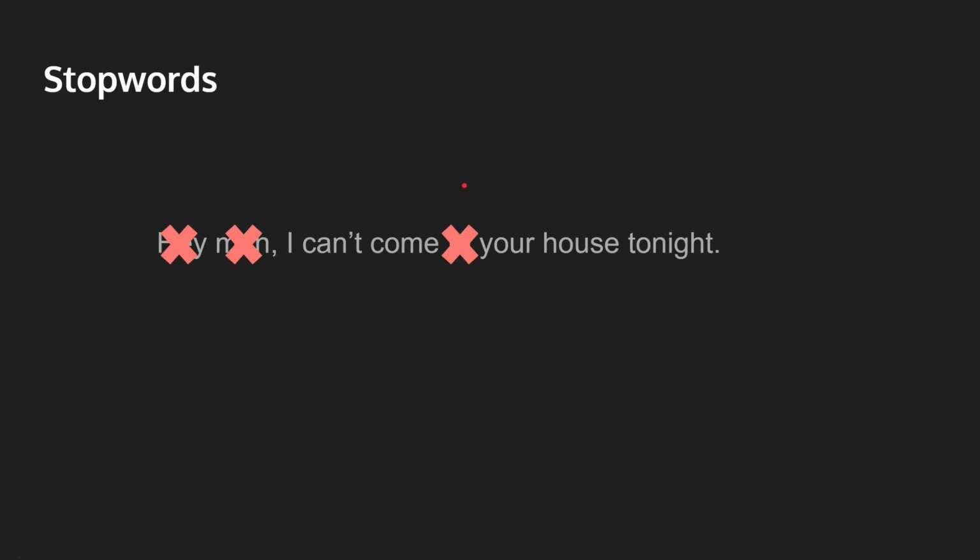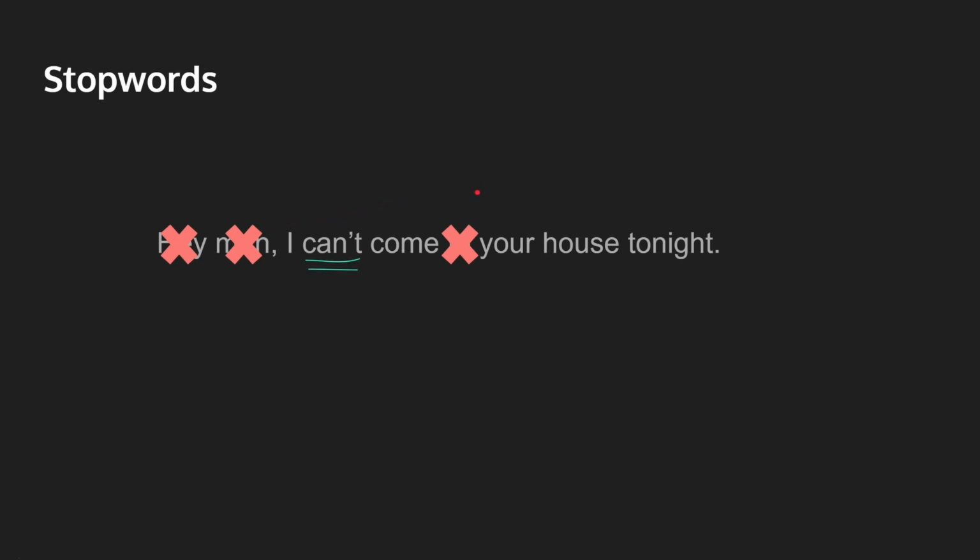Okay, now we got that over with. So you might be wondering, how do I actually stop these words from entering? Well, most libraries can actually do most of the job for you. But if you want to stop certain words on your own, for example, you have certain words you don't want to include, then you can actually just make a list and then look for them and then just remove them, right? It's simple as that.